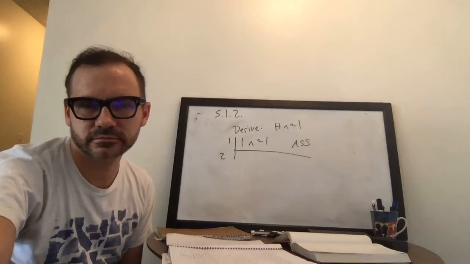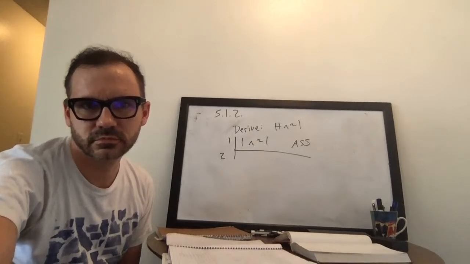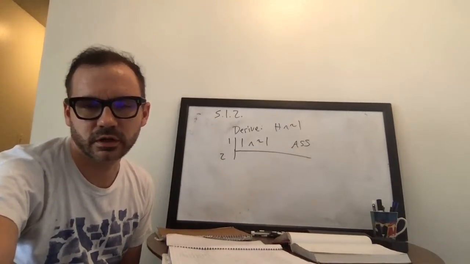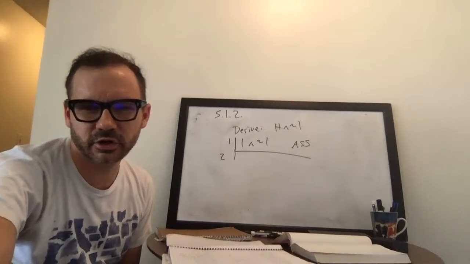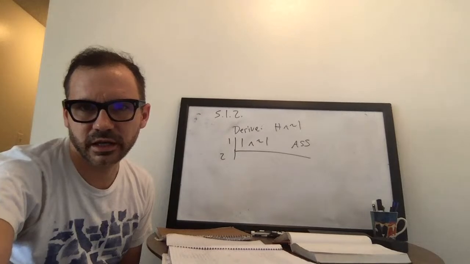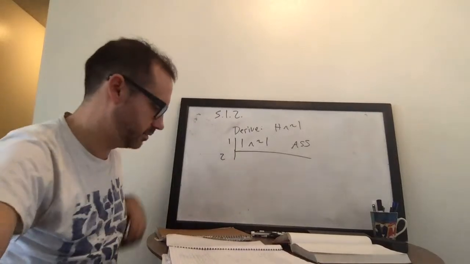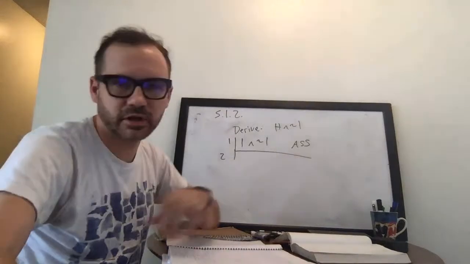I don't remember what it was. Which problem was it? Derive A arrow A and B? It doesn't say 2 through 5, so I need to find the problem.